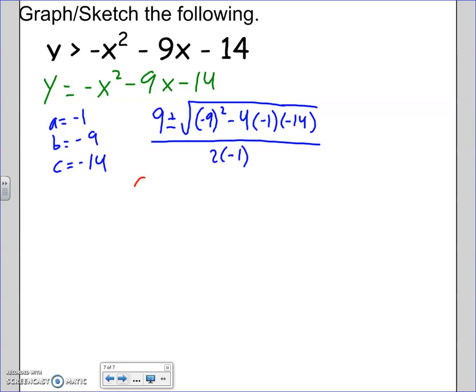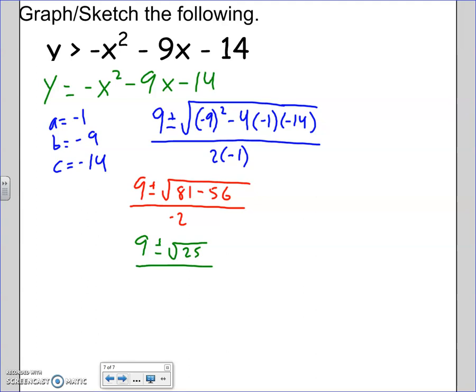I'm going to find the inside. So that's positive 81, and what is that? 81 minus 56, all over negative 2. I still work on the inside. 9 plus or minus square root of 25 over negative 2. Discriminant is positive. Positive means there's 2 answers.